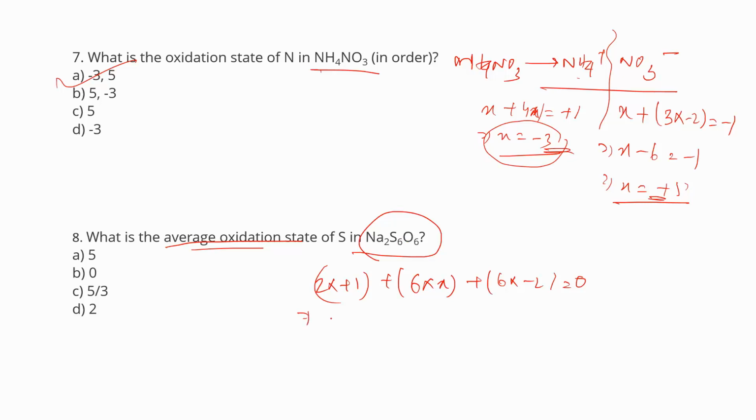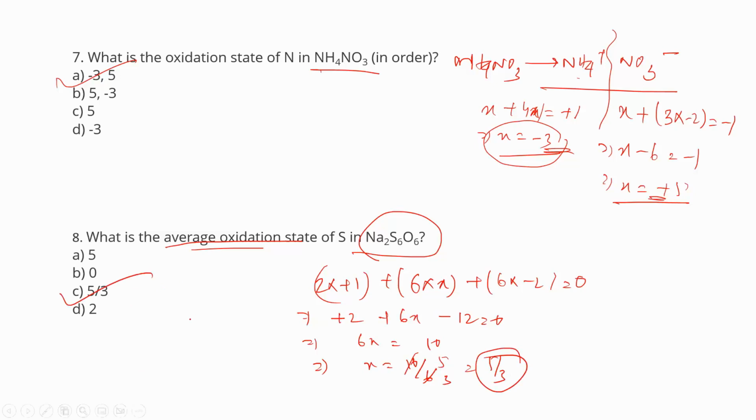So it is +2 plus 6X minus 12 equals 0. So 6X will be 10, so X equals 10 by 6, that means 5 by 3. So the answer will be 5 by 3. So this option C is the correct answer.